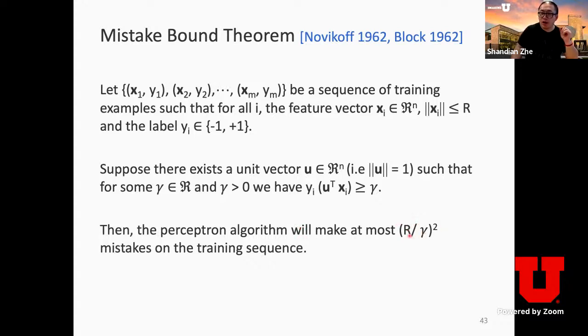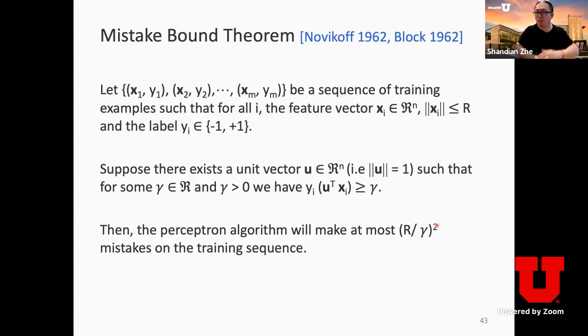So you divide the maximum span of the training inputs by the margin of the separating hyperplane and take the square. You can imagine R represents the range of the distribution, how the training examples are distributed. And gamma represents kind of an inner distance: if you separate positive and negative examples, what is the distance between the nearest point and the separating hyperplane?